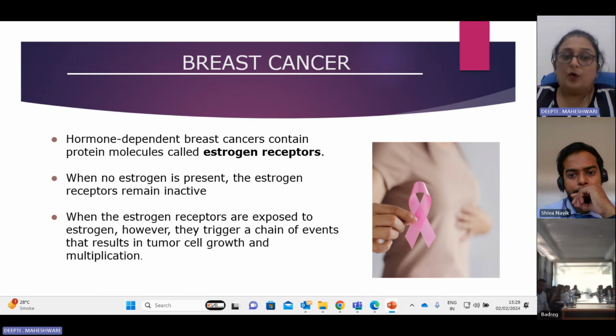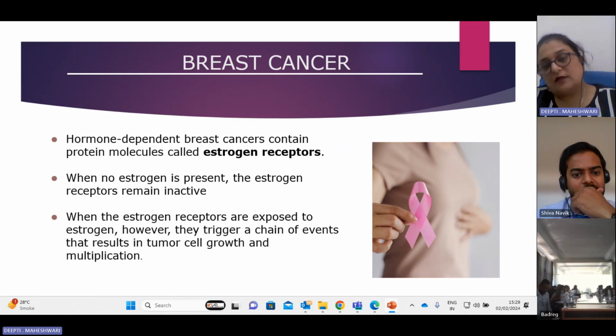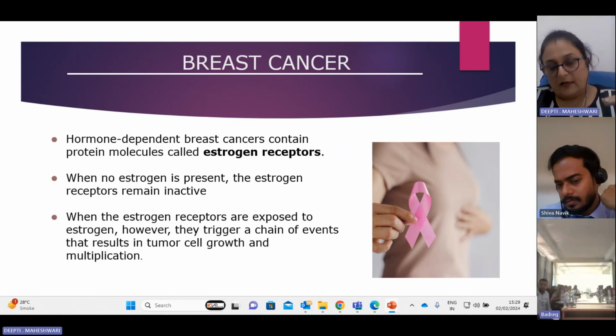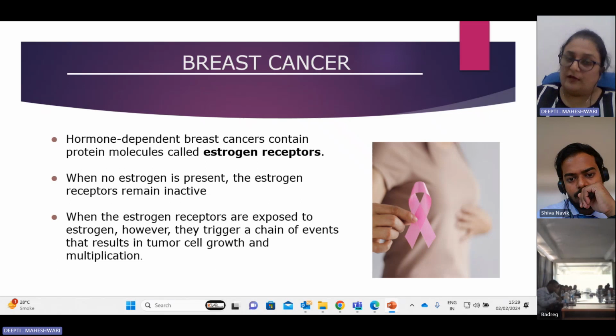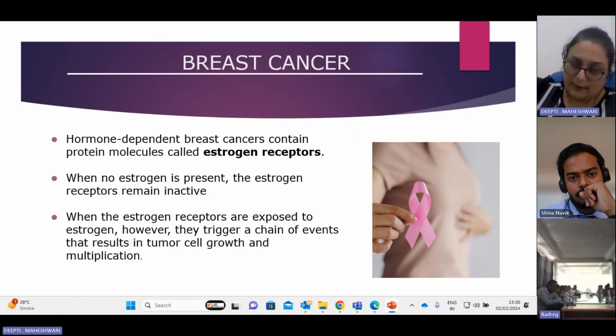Breast cancer is a hormone-dependent cancer. So when the estrogen levels are high, the breast cancer cells' multiplication will be very, very fast. If estrogen is high, breast cancer will get its food, so it will keep on multiplying.